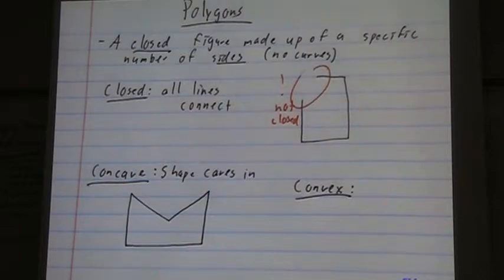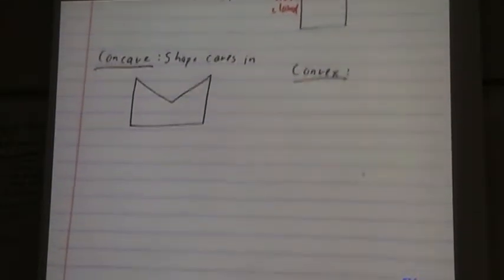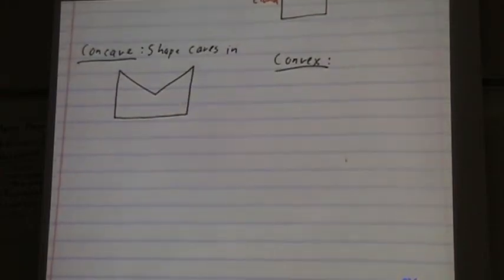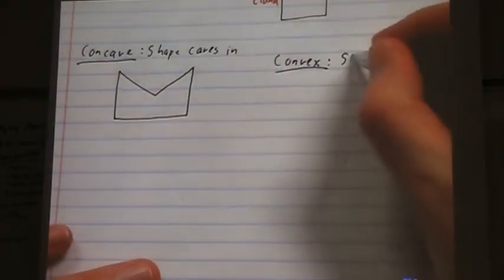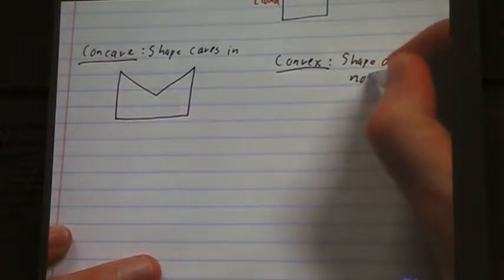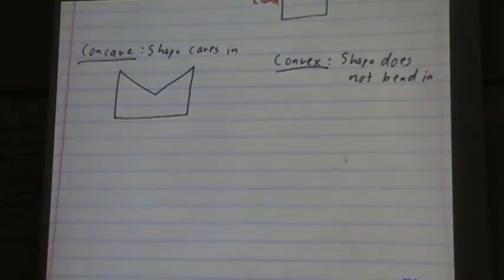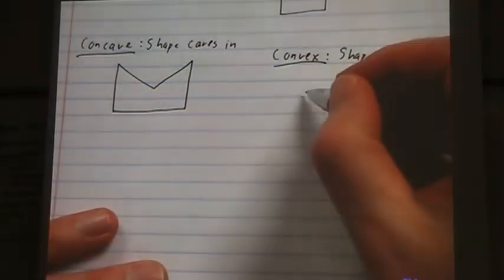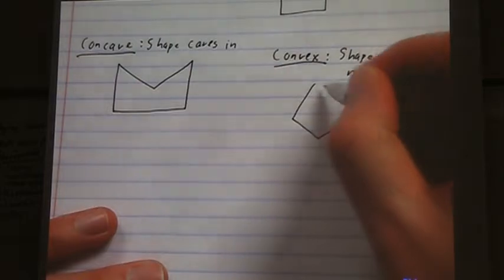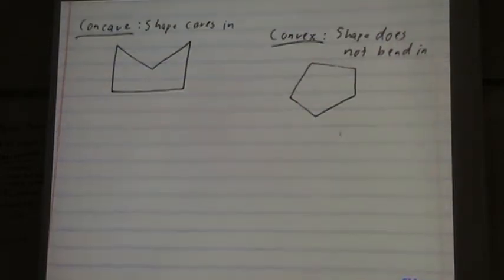Convex just means the shape does not bend in. So something like this. Here you'll notice our shape does not bend inward at all. So we call that convex.